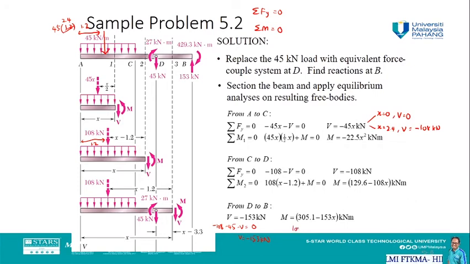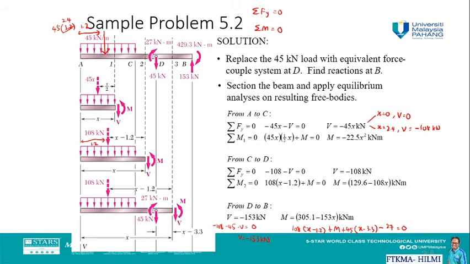So if you want to write the equation, it will be 108 times x minus 1.2, plus M, and then we also have 45 kilonewton, so plus 45 times x minus 3.3, and we also have this moment 27 kilonewton meter, which is in clockwise direction, so it will be minus 27, equal to 0.